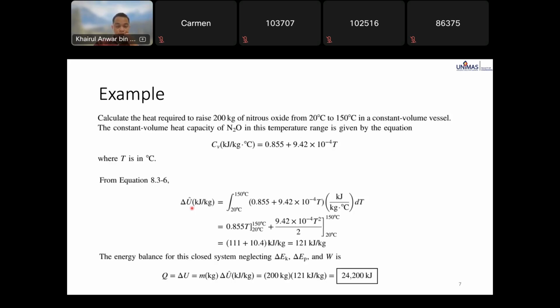So delta U is expressed from 20 to 150. Do the integration. Then you get delta U equal to 121 kilojoule per kg.